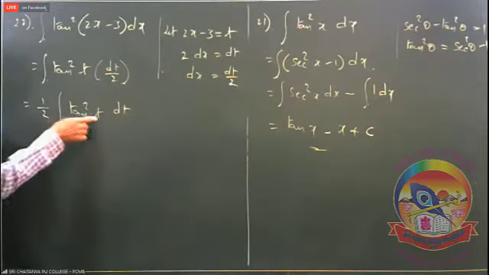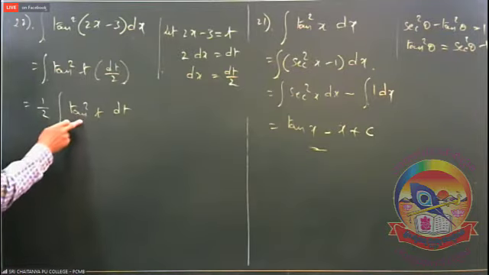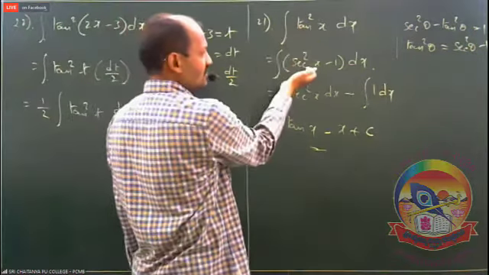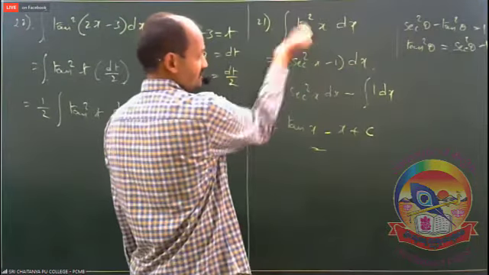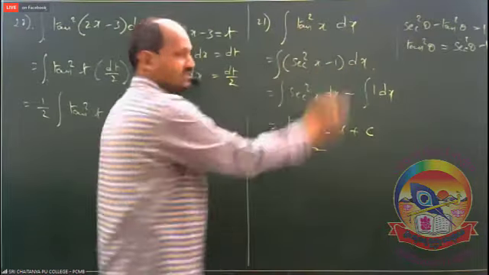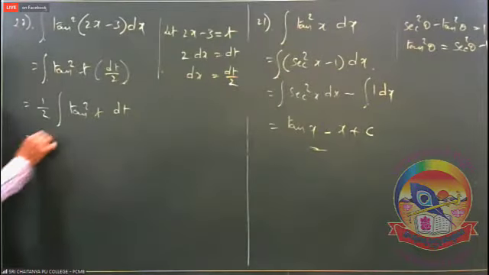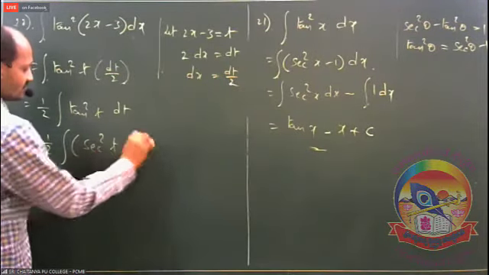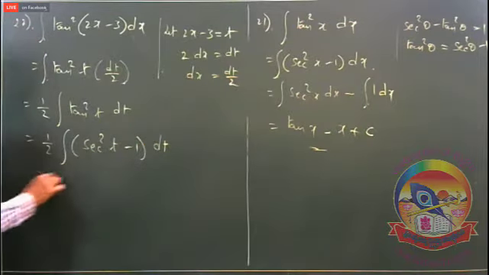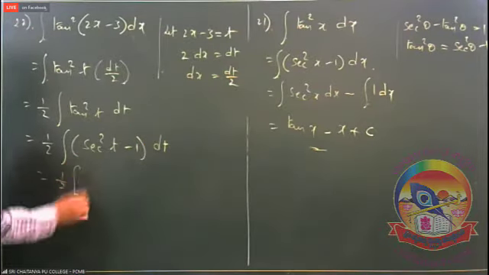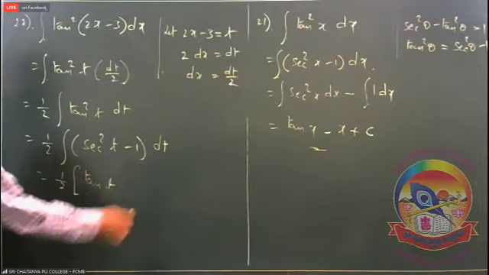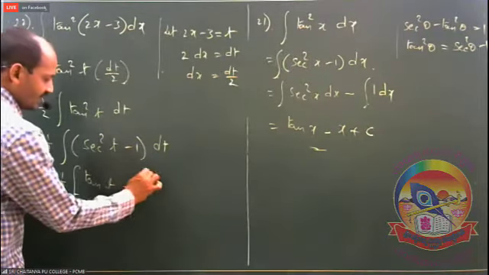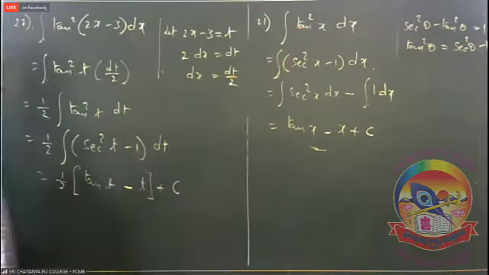There is no direct integral of tan square, so again we substitute: tan square means secant square minus 1. 1 by 2, integral of (secant square t minus 1) dt. 1 by 2, integral of secant square is tan t, minus integral of 1 dt, that is also t, plus c.